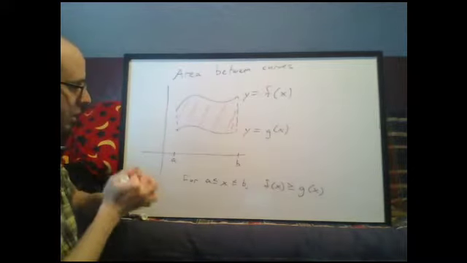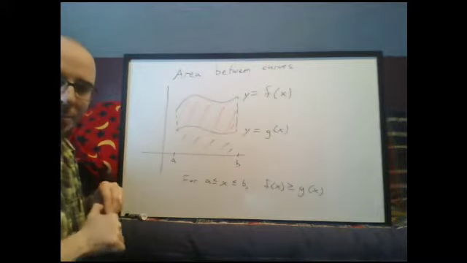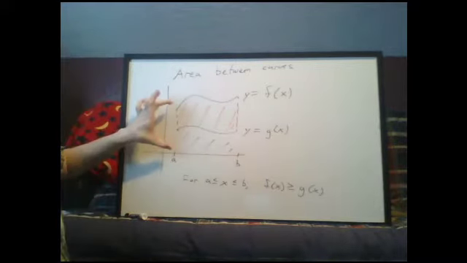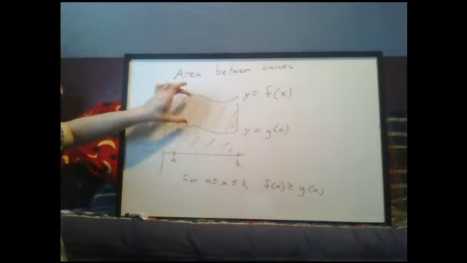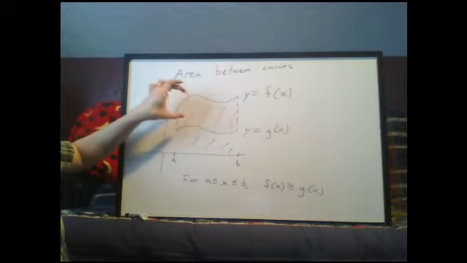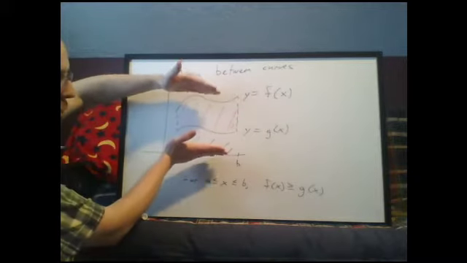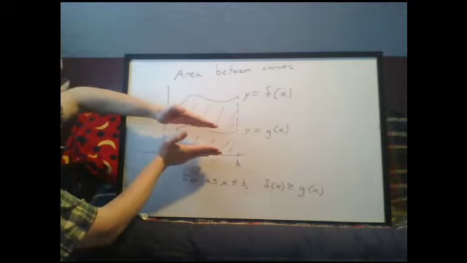So that would give us this stuff down here. So from this picture, the area under f of x consists of two parts, this part plus this part. So if I want just the area between the two curves, I would want the total area under f, and I'd want to subtract the area under g.